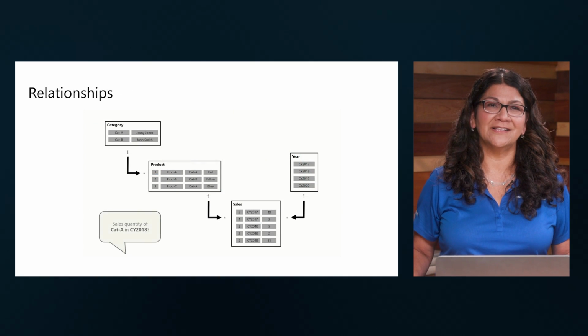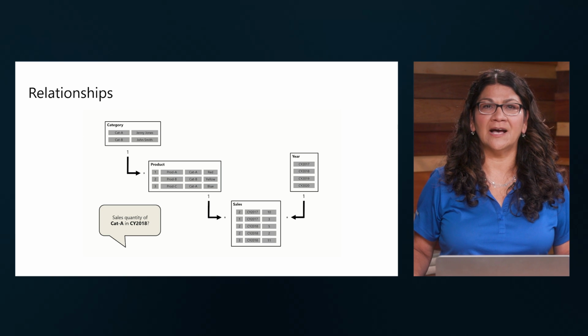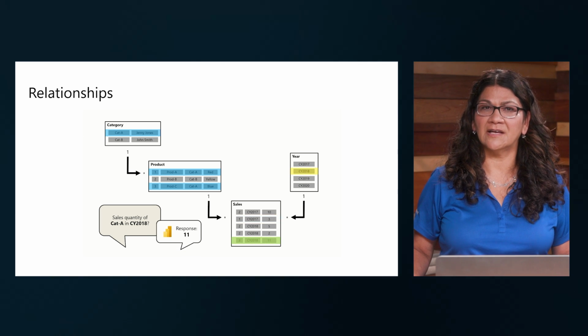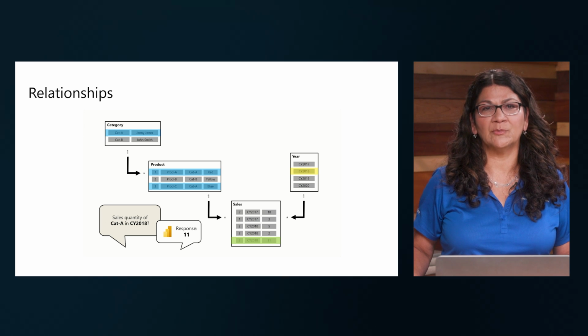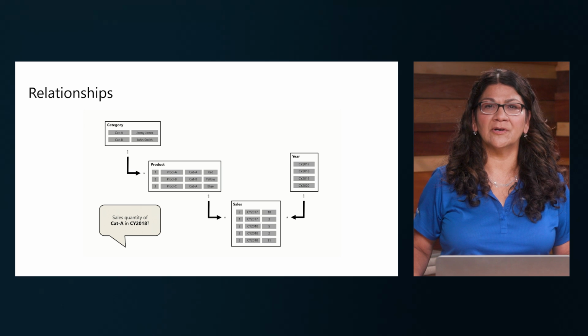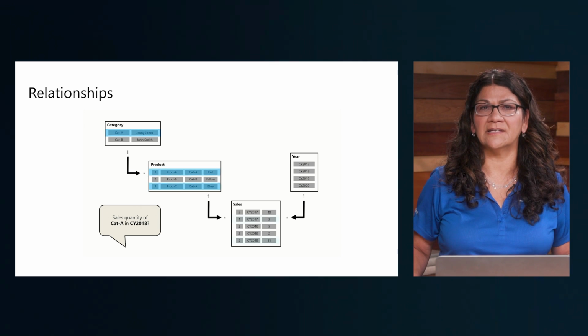This is a great slide that shows in animated format how query propagation works when querying using a single cross-filter direction from the one side to the many side. The category and product table represent a normalized snowflake. In this example, the query is asking for the sales quantity of category A in calendar year 2018.